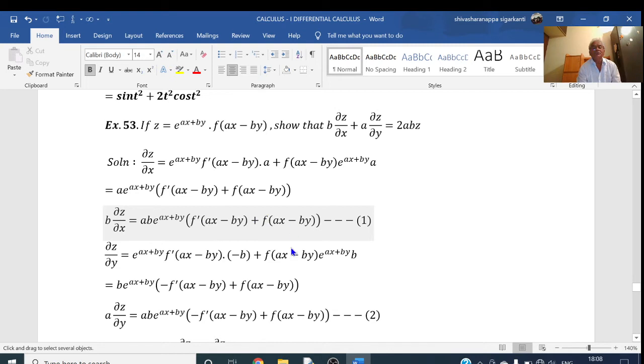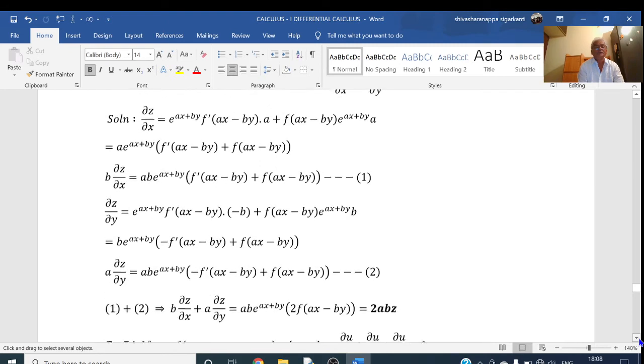One term is f'(ax−by) and another is −f'(ax−by), so these two terms get cancelled. Then f(ax−by) + f(ax−by) becomes 2 times f(ax−by). So we get ab e^(ax+by) into 2 f(ax−by).